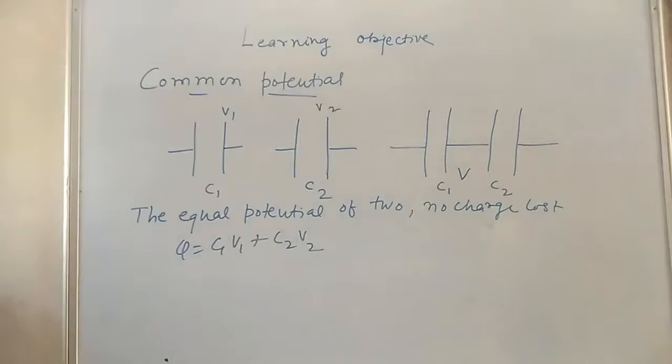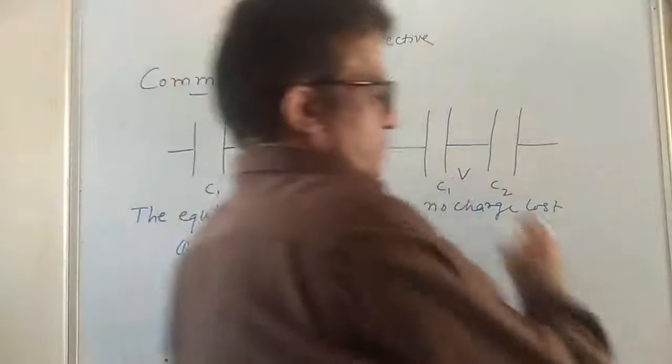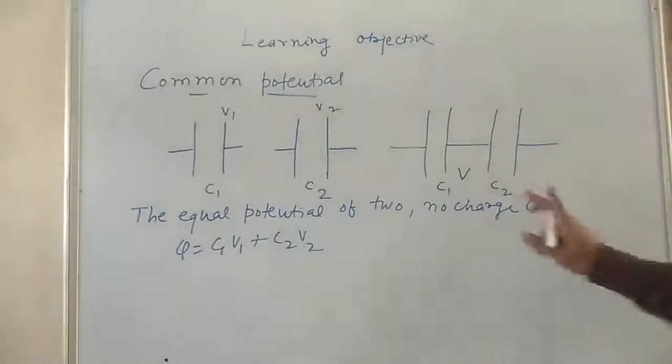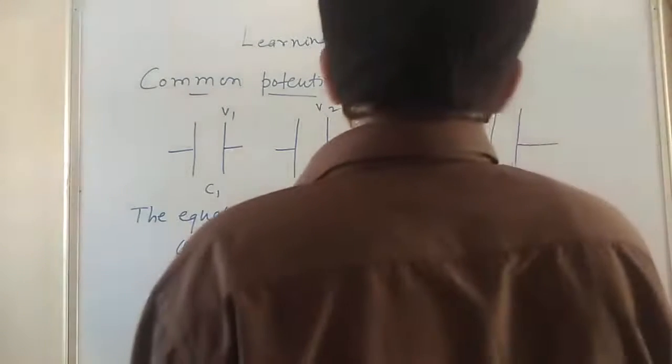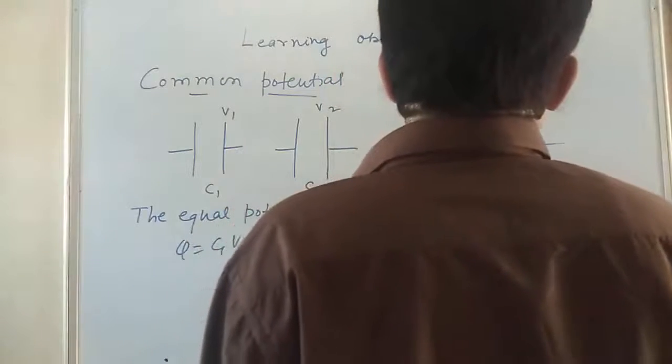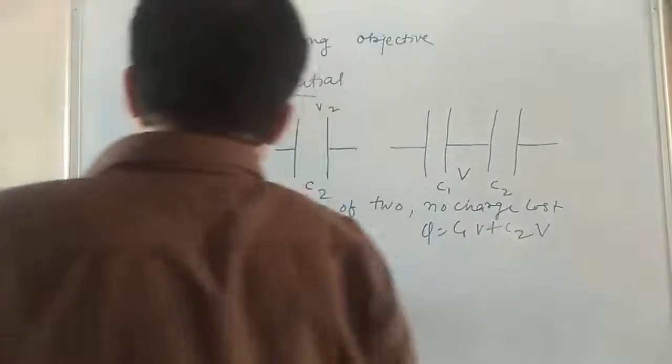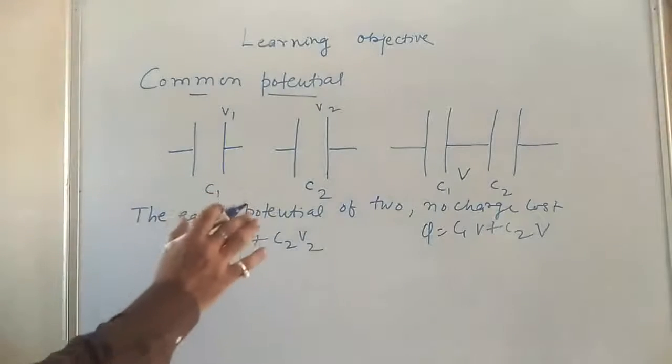Okay? If V is the common potential after sharing, the charge after sharing would be Q equals C1V plus C2V. As there is no charge lost, both are equal.